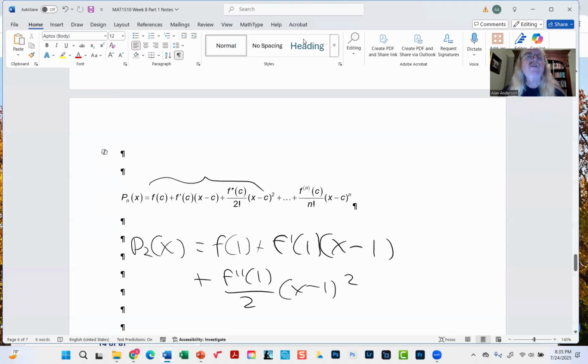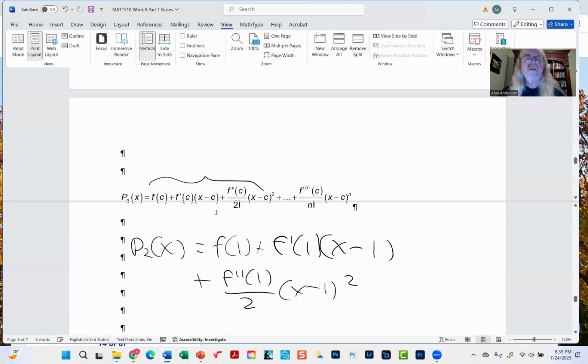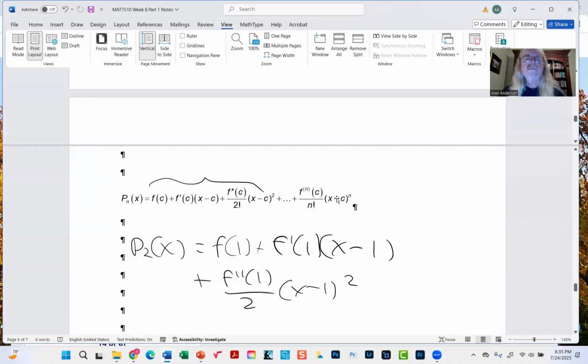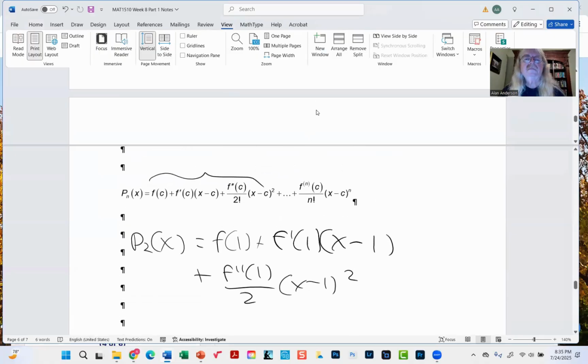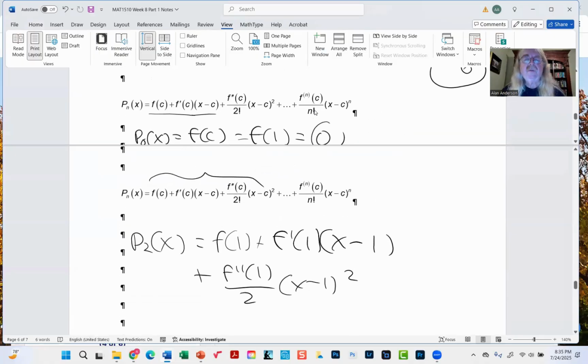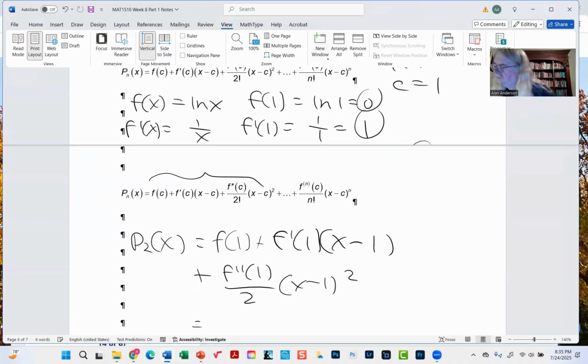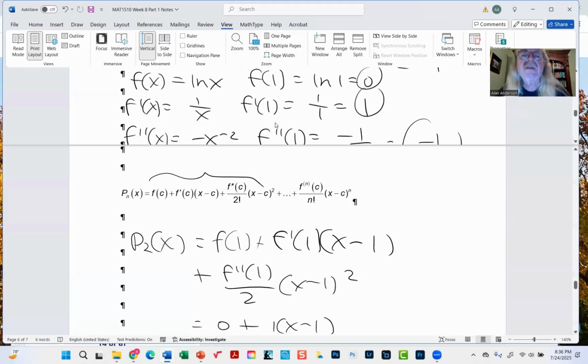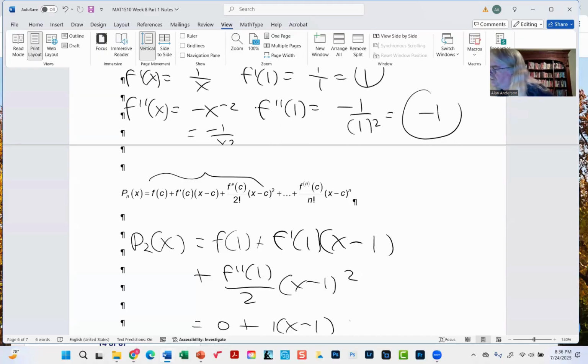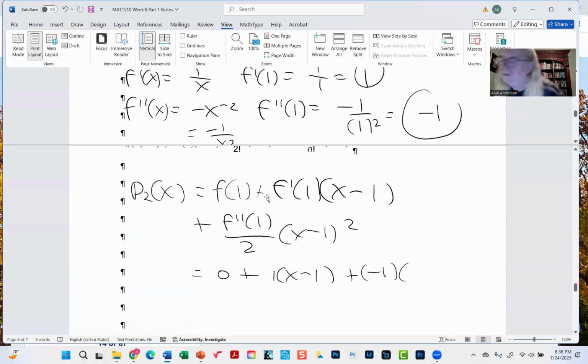All right, now let's go find those numbers and copy them. So f of 1, as we saw earlier, is 0. F prime of 1 is 1. F double prime of 1 is negative 1. Oh, but we have the 2 there. Let's not forget about that 2. And then we have x minus 1 squared.